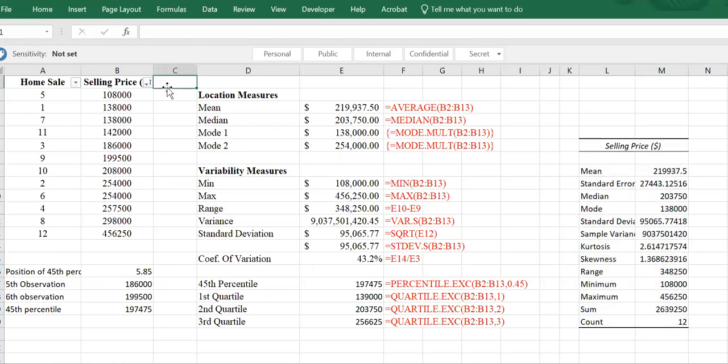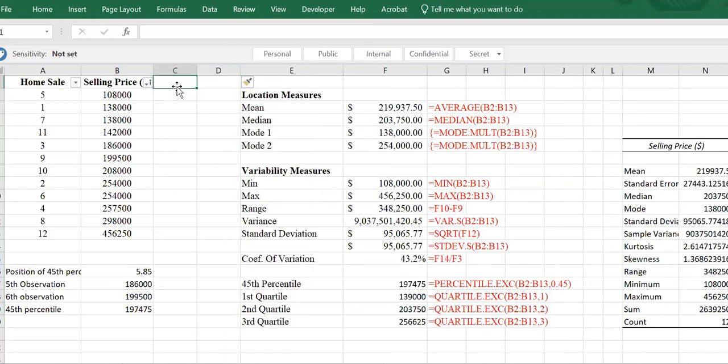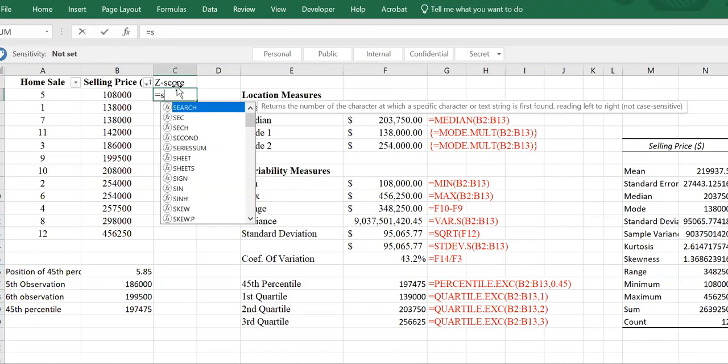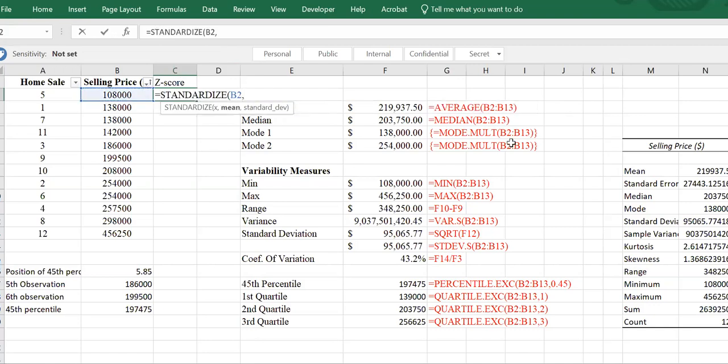And for that, you can use a function. Let me add one column here, Z-score. You can use the function standardize. Standardize gives you the normalized value. So X, mean, we already have the mean.